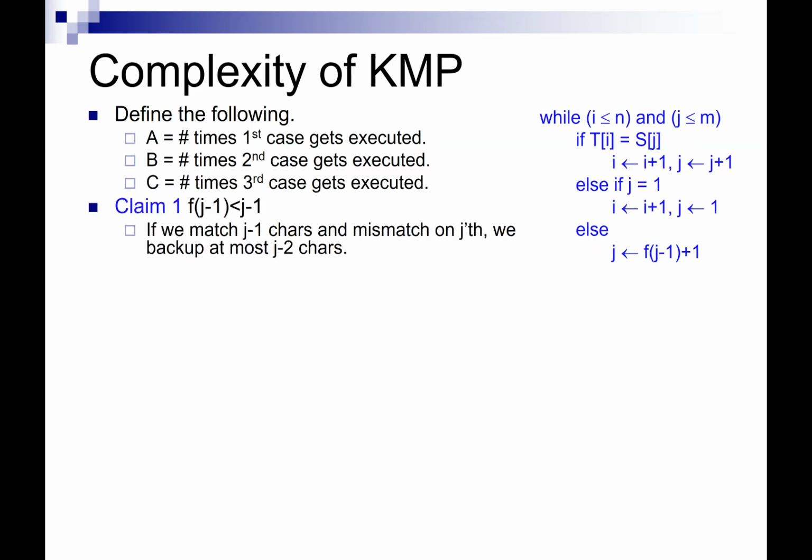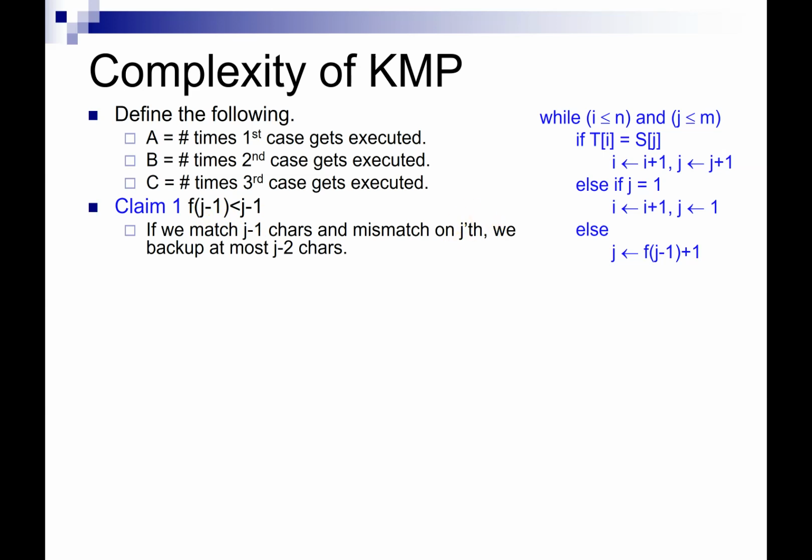Okay, so now we have a claim. First of all, we claim that f of j minus 1 is less than j minus 1. Because remember, what does f of j minus 1 mean? It means that you match the first j minus 1 letters, but then you got a mismatch on the next letter, the jth letter.